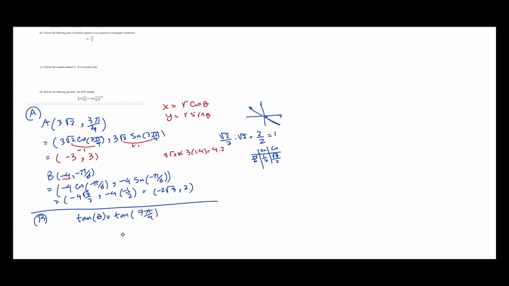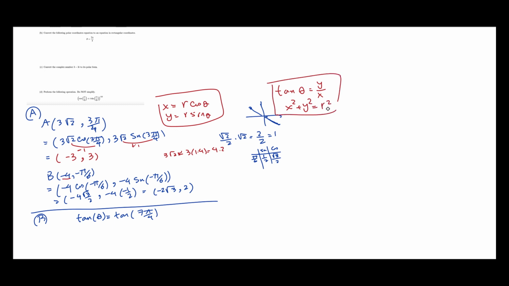I don't like theta on its own because the formulas that I know don't have theta on its own. Let's make sure that we know what to memorize. Also, what you want to memorize is tan theta is equal to y over x, and x squared plus y squared is equal to r squared.